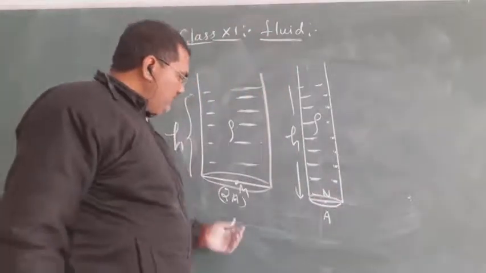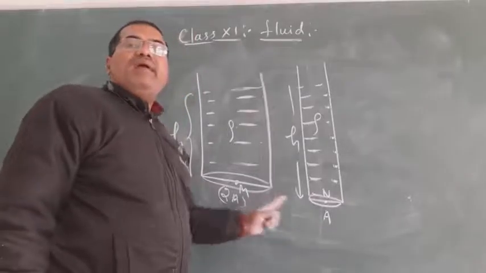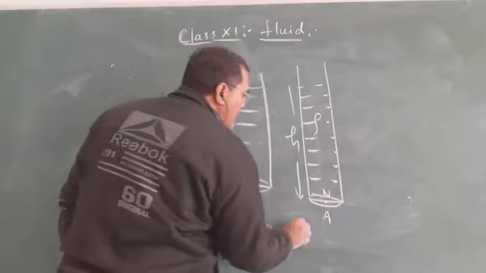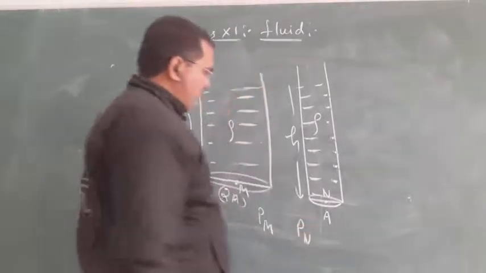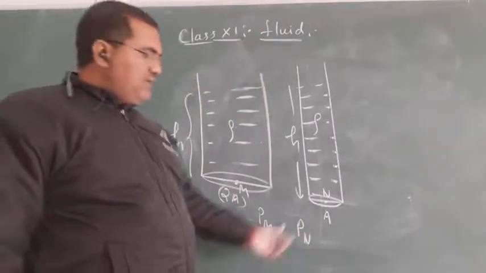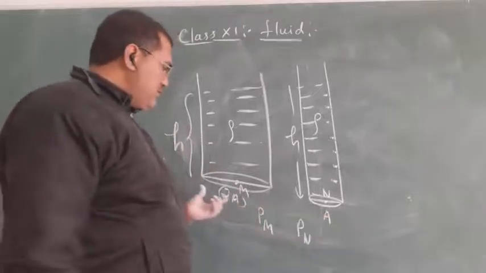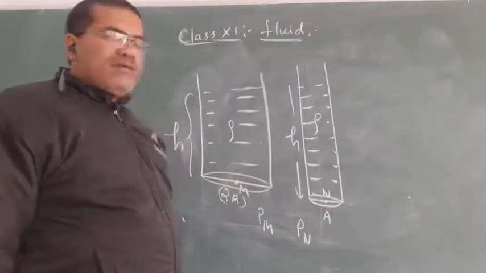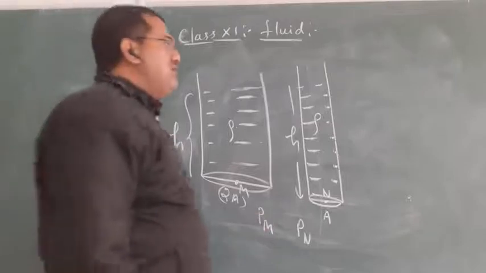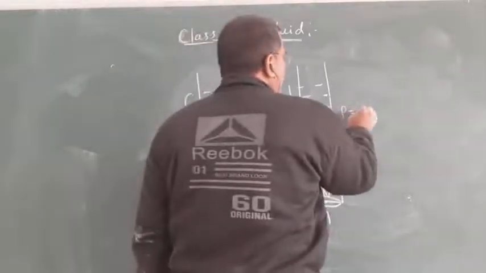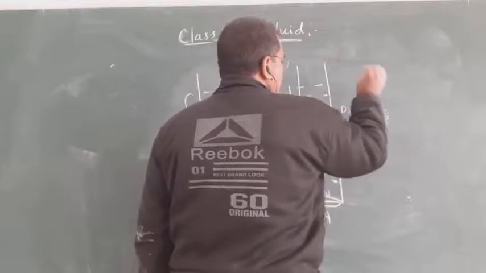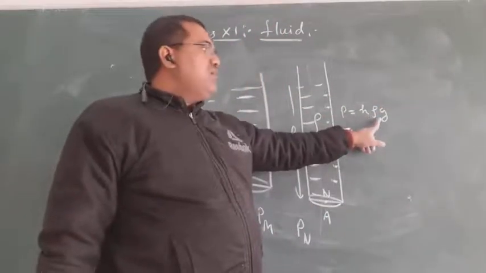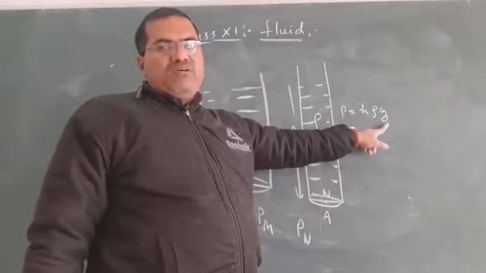So what is the relation between pressure at M and N, Pm and Pn? Here the area is less than the previous one, but pressure doesn't depend on area; pressure is given by h rho g. Pressure depends on the height of the liquid column, the density of the liquid, and g.